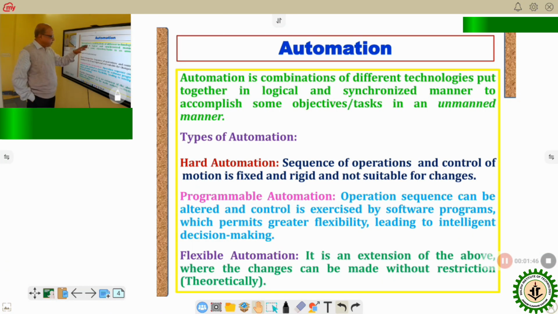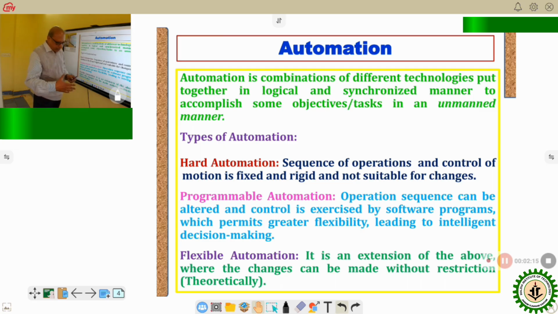So automation is basically a combination of different technologies put together in a logical and synchronized manner to accomplish some objectives or tasks in an unmanned manner. There are certain keywords that we have to consider very meticulously. It is the combination of different technologies put in a logical fashion, in a synchronized manner.